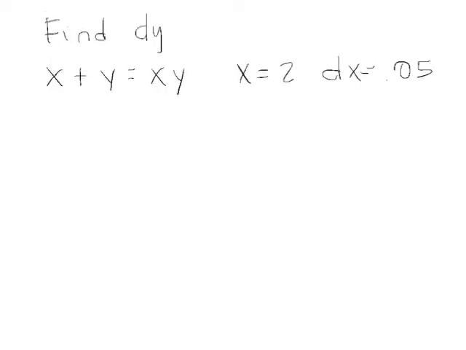Okay, what about one that looks like this? x plus y equals xy. Well, we've got to use the product rule. So when we take the derivative, the derivative of x is 1. The derivative of y is dy/dx, equals, and then this, we've got a product rule. This is x times y. It's going to be implicit differentiation.